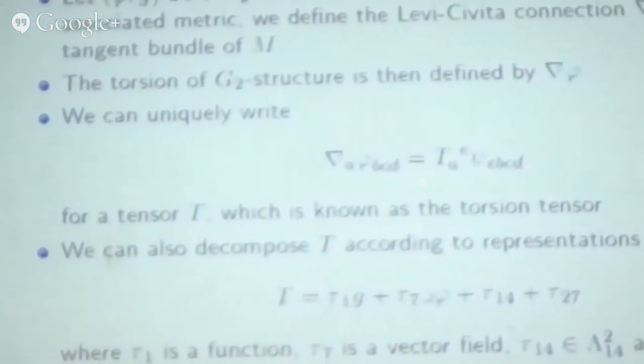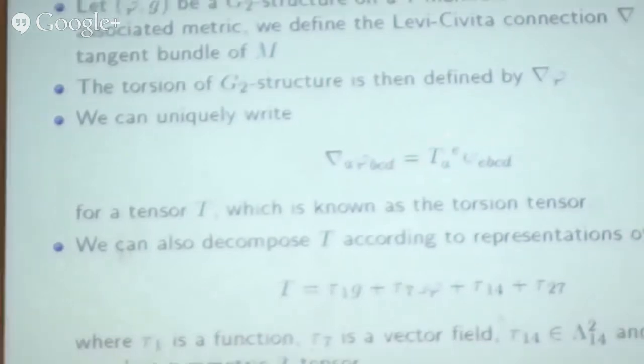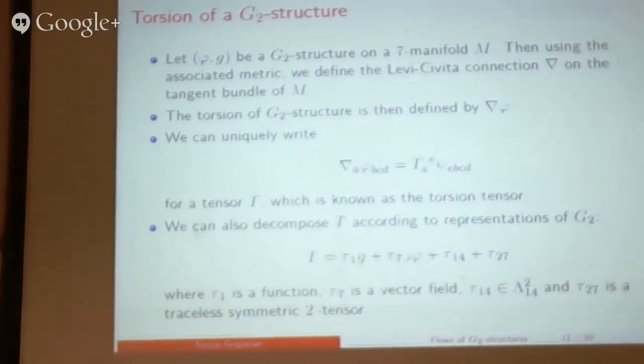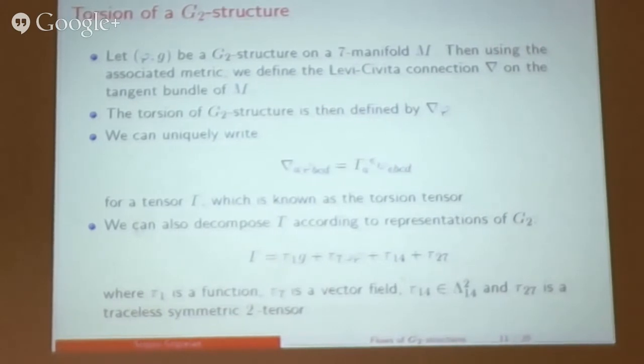So now this torsion is actually defined completely by this torsion tensor. It can be thought of as a 7 by 7 matrix, really. We can split it into pieces according to irreducible representations.